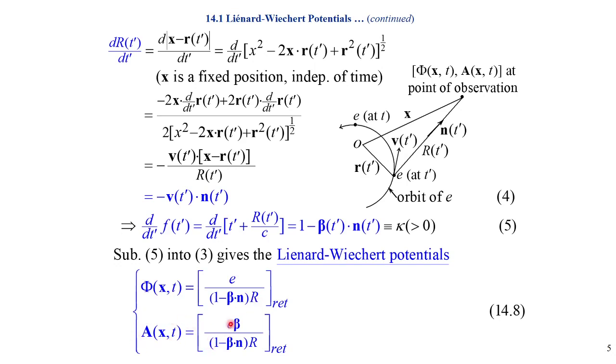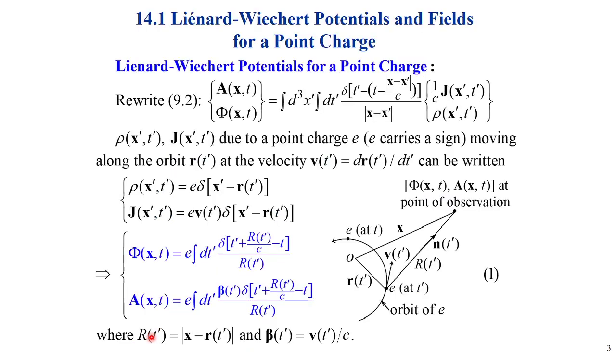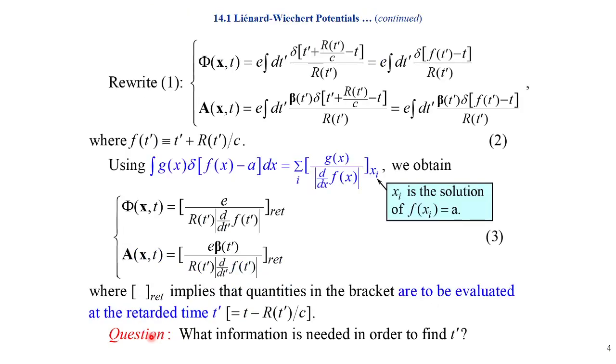The vector potential is e over r, the same. So for the Gaussian unit, phi and A have the same dimension. Not surprising.